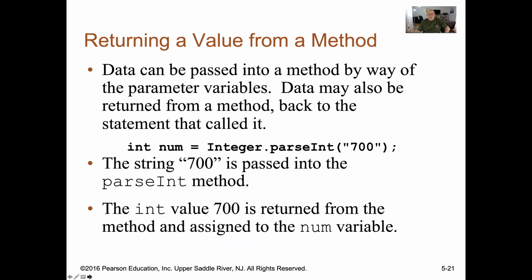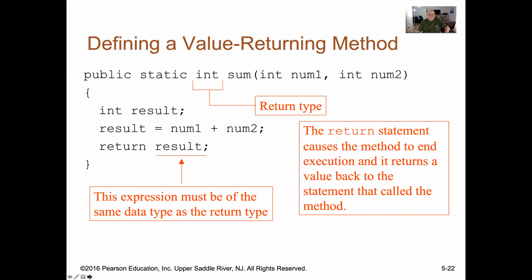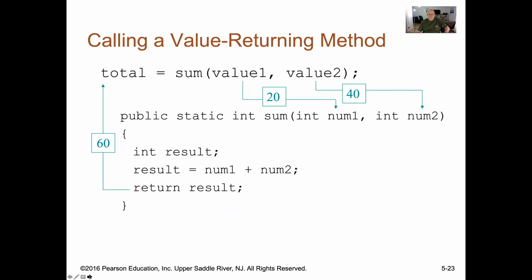Returning a value from a method: data can be passed into a method by way of the primitive variables. Data may also be returned from a method back to the statement that called it. This is an example of defining a value returning method. This is calling a value returning method.